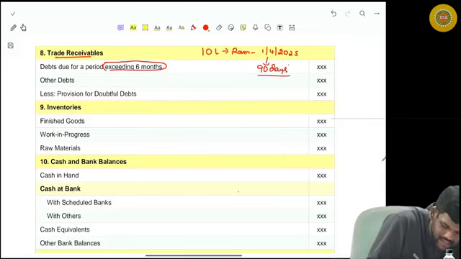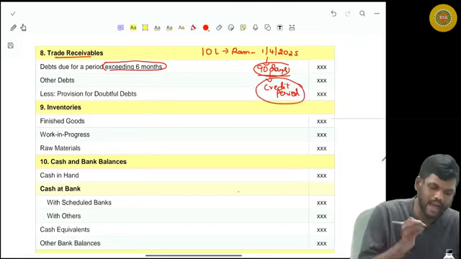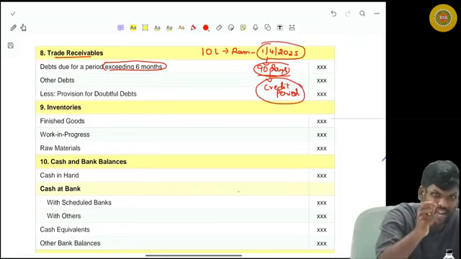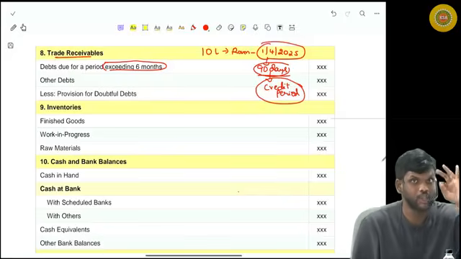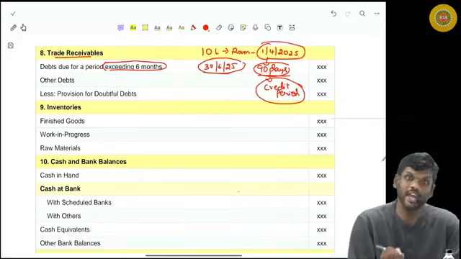This 90 days time to make payment is called the credit period. That means I sold him goods on 1st April 25 and gave him 90 days, which means 3 months: April, May, June. So he should pay me on 30th June 2025. This is the due date.